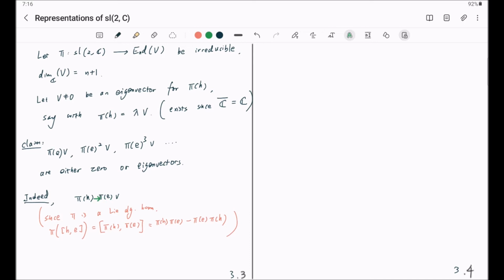So it follows that this term will be equal to, now you look at this part, pi of h applied to V. What is this? By our construction, this is lambda times V.